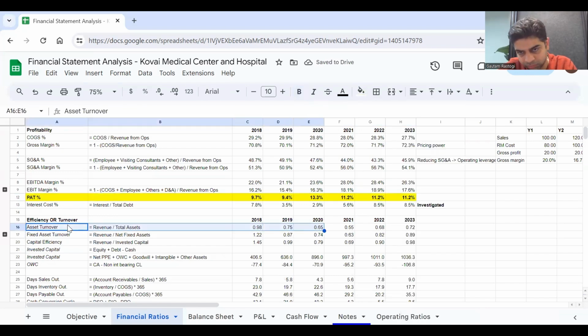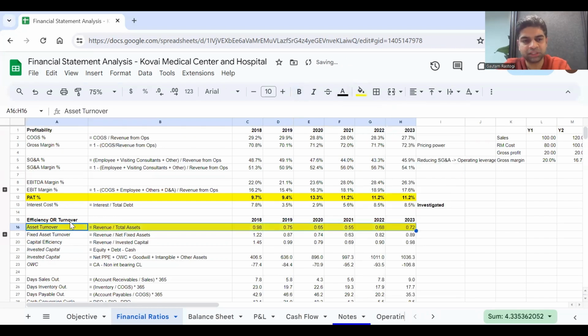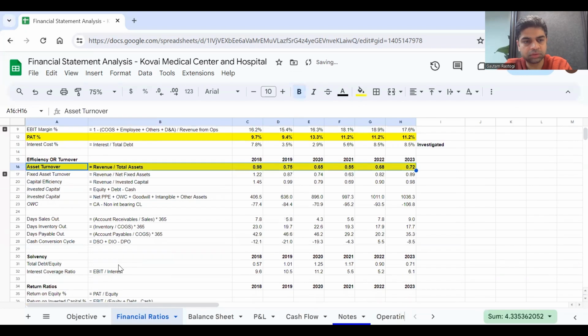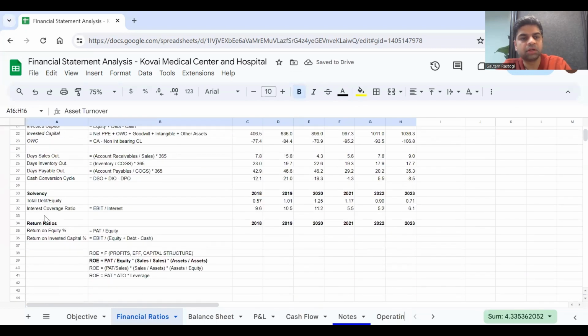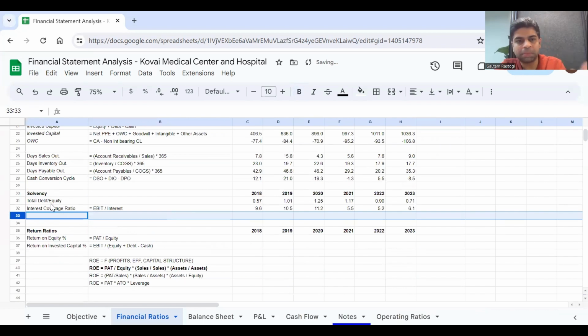And then this line item here, PAT into asset turnover into leverage. So leverage is basically assets divided by equity, so it's 1 plus debt by equity. That's what leverage is, right?